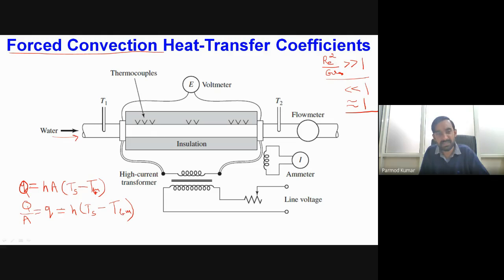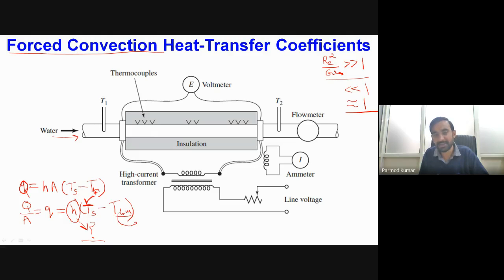In this main governing equation, I consider h as my unknown parameter, which I have to obtain experimentally. So what are the primary measurements I have to do? From here you can see that the very first primary measurement is the temperature of the pipe surface. At the same time I have to determine the bulk mean temperature of the fluid.